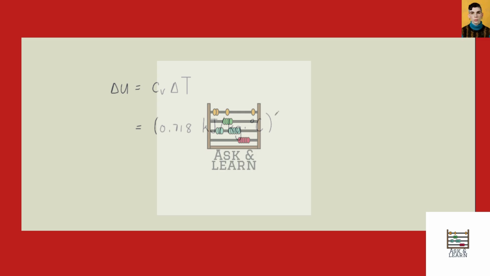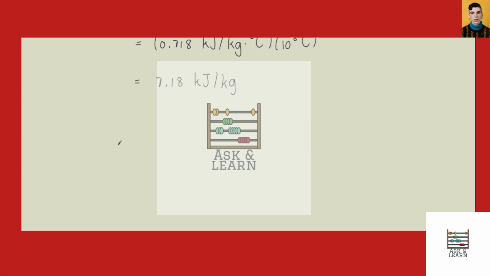And the change in temperature is 10 degrees Celsius. And so we get the change in internal energy to be 7.18 kilojoules per kg. So that's the change in specific internal energy.